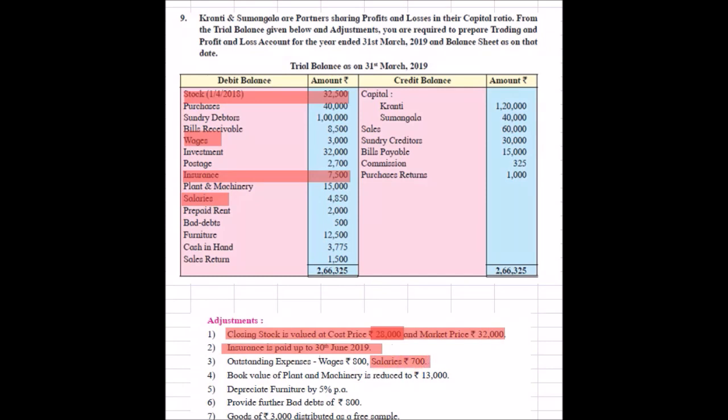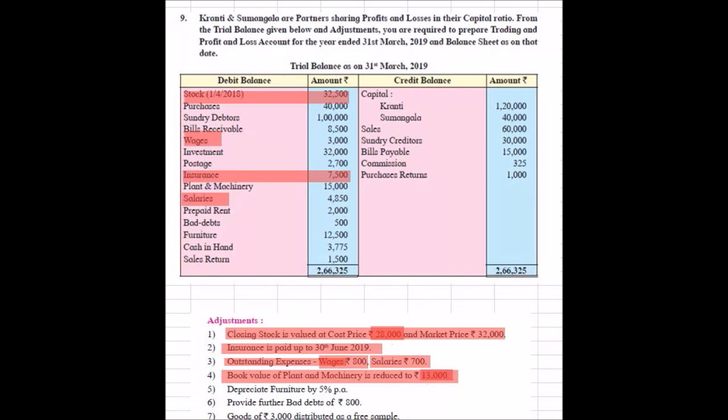This is the third adjustment. The fourth adjustment is that the book value of plant and machinery is reduced to 13,000. Before, we used to calculate depreciation as some percent on plant and machinery, motor vehicle or furniture, but in this we are going to reduce the amount to 13,000 rupees.